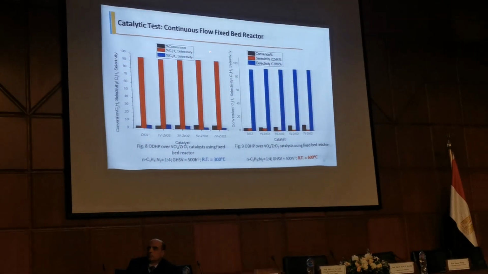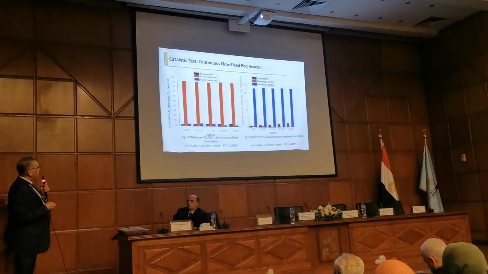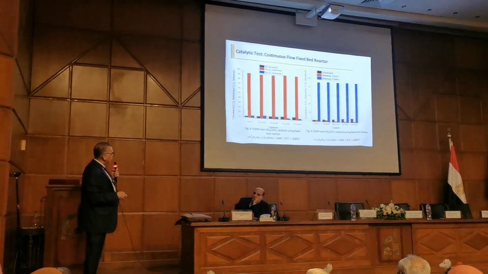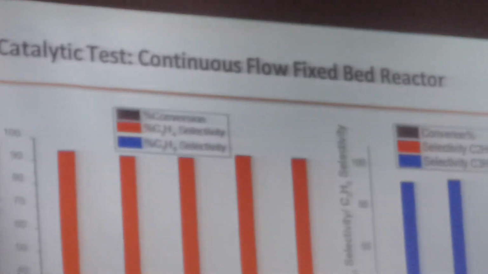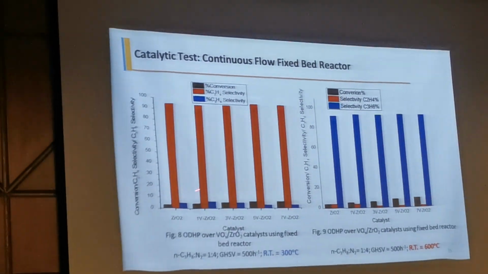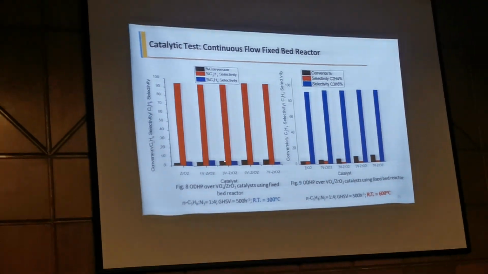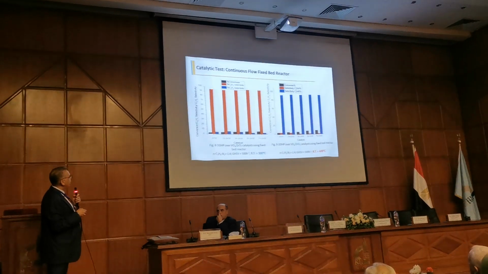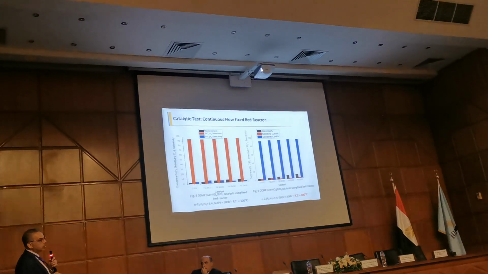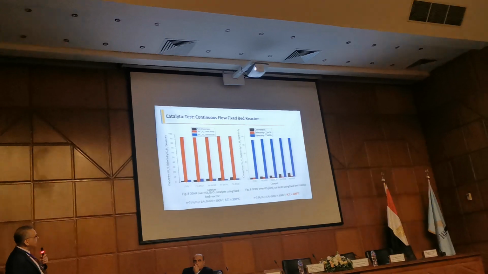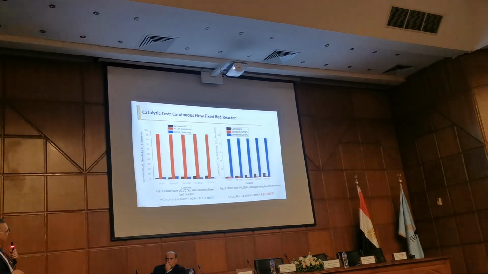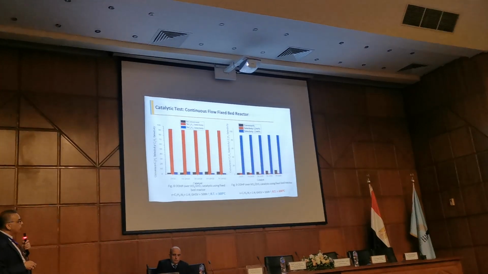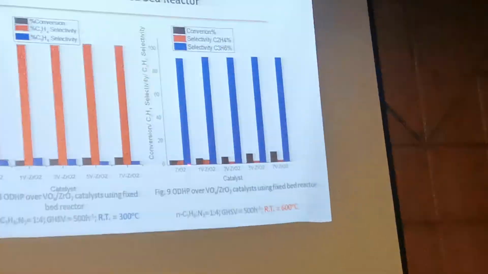These are the first preliminary results from using the fixed bed catalytic reactor at two different reaction temperatures. At very low temperature, we found very low conversion and very high selectivity towards ethylene, which is not the purpose of the products. Increasing the temperature, the conversion stays about the same, not high, but the most important thing is the selectivity.